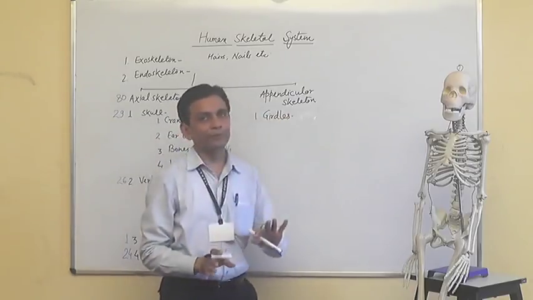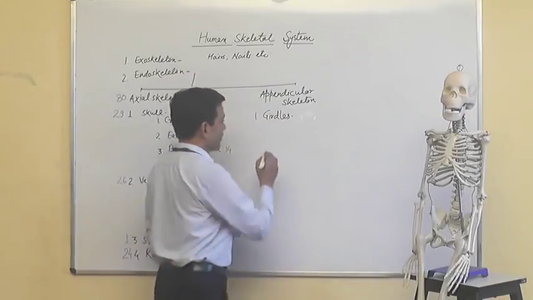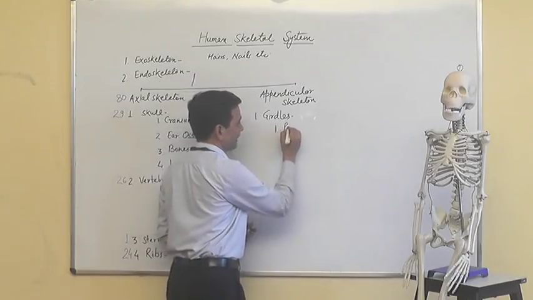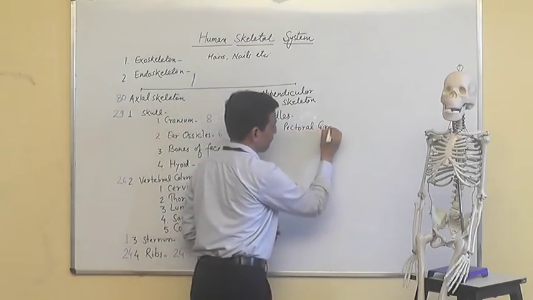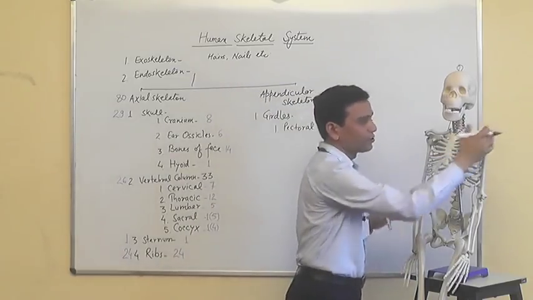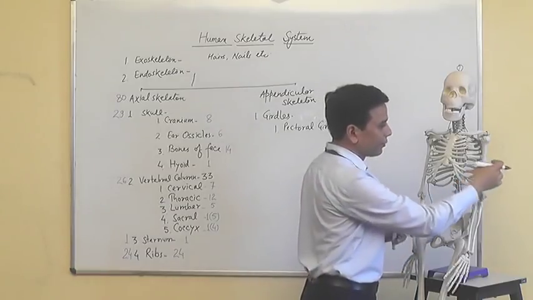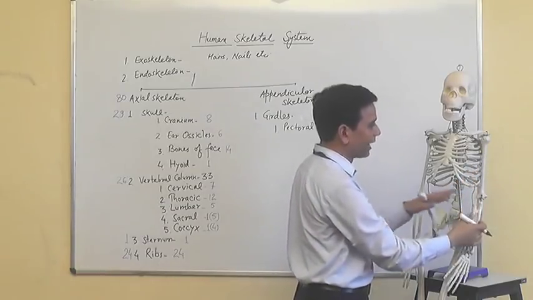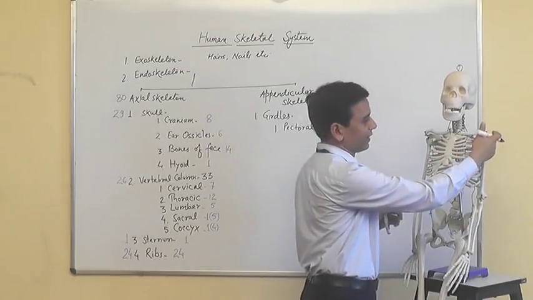There are 2 types of girdle in our body. Number 1, that is pectoral girdle. It is also called our shoulder girdle. The humerus of our arm is attached to our axial skeleton through this girdle.